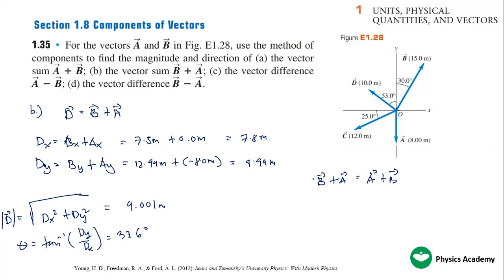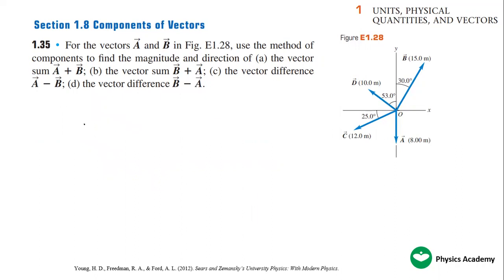Okay. So for letter C, let our vector D be equal to vector A minus B, where dx is equal to ax minus bx, and dy is ay minus by.